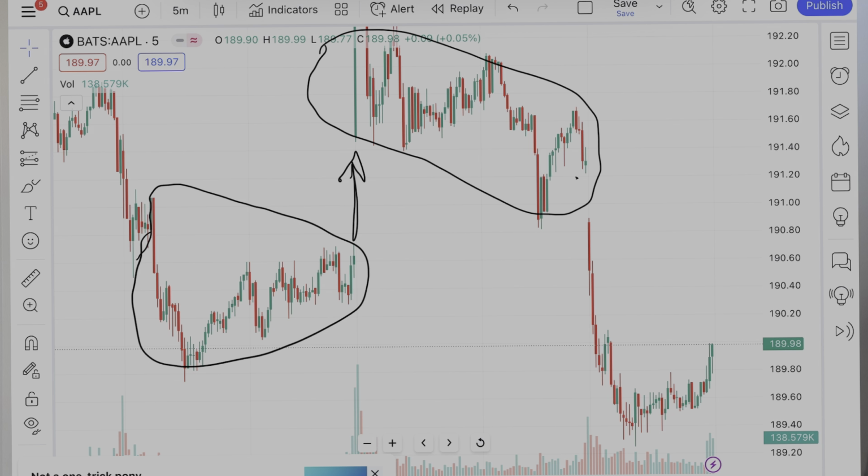It did the gap and go. It did not cover the gap. It came close to covering the gap right around here, but it didn't close the gap completely. As you can see, there's still a little bit of area of gap right here.